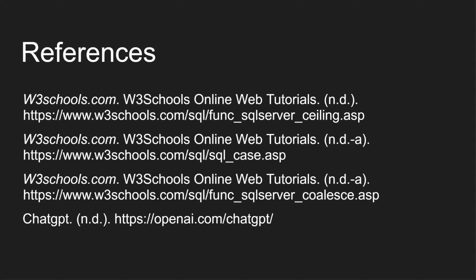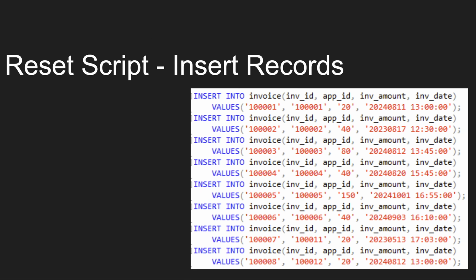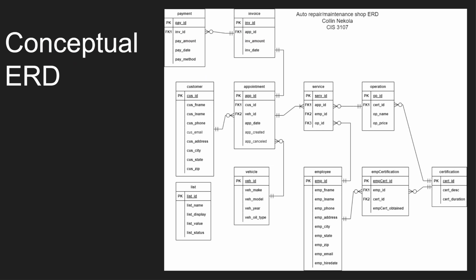These were just to learn about these different statements, like the ceiling and the case, and also this coalesce one. I ended up not using it in this presentation, but that could replace the case statement for the spots I used it, and then I used ChatGPT to test some of my code. So a couple things I really think could be improved here is making it where the customer table, where their address isn't a required attribute.